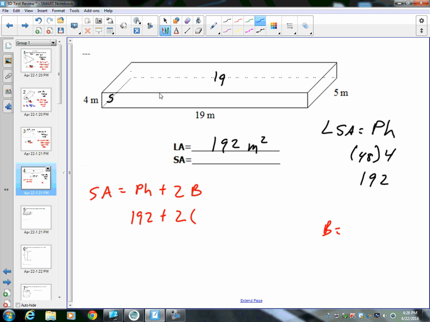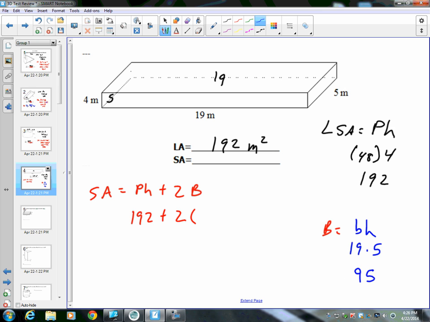Well, the base is a rectangle, so to find the area, you say base times height, or length times width. The base would be 19, the height would be 5, or length times width, 19 times 5. And 19 times 5 gives us 95.